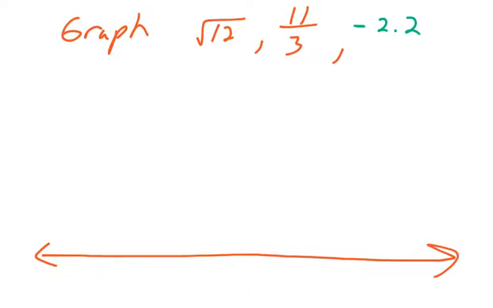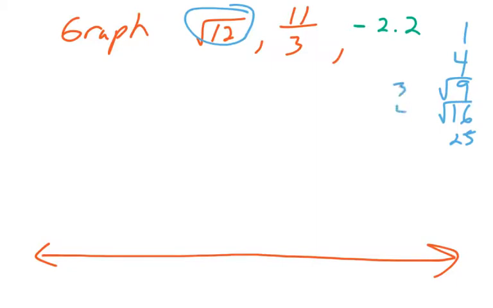So the first thing we need to do, if we don't have a calculator, is estimate the square root of 12. So we have our perfect squares right here, right? We know it's going to be between the square root of 9 and the square root of 16. So it's going to be 3 point something, right? Now, it's kind of on that borderline. Again, just like the last problem, there's not as many values between 9 and 16 for our estimating.